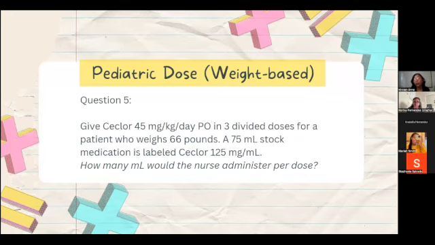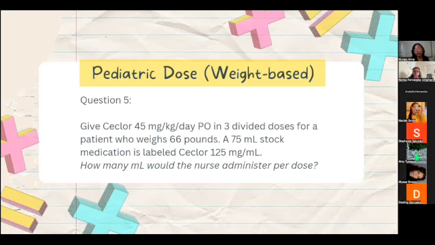For a patient who weighs 66 pounds, the stock medication is labeled Ceclor 125 milligrams per 5 milliliters. What I like to do first is find our desired, our have, and our quantity, and also, because it's weight-based, the weight. So can anyone tell me what our desired is, what our order is? Does anyone know?